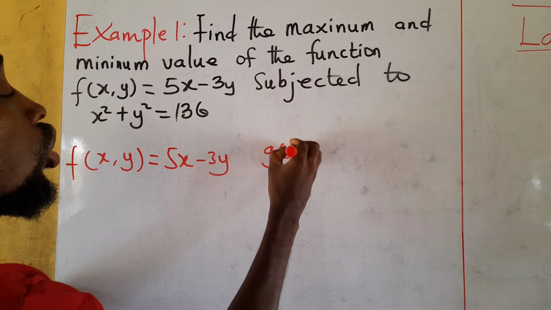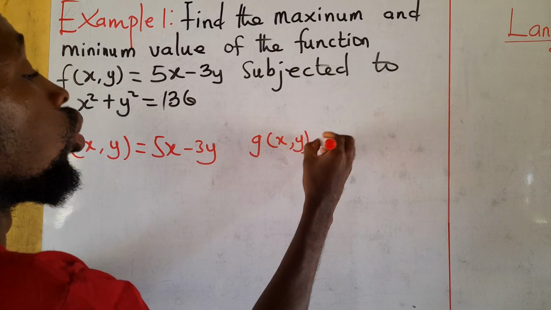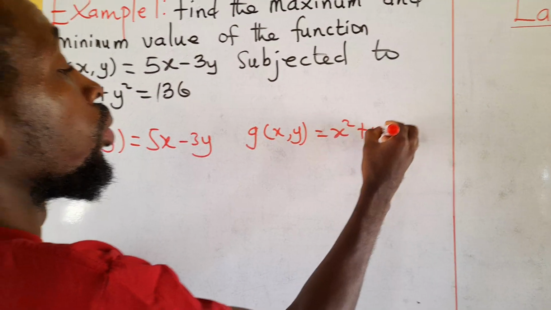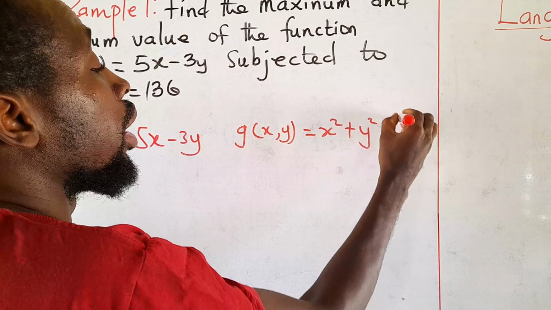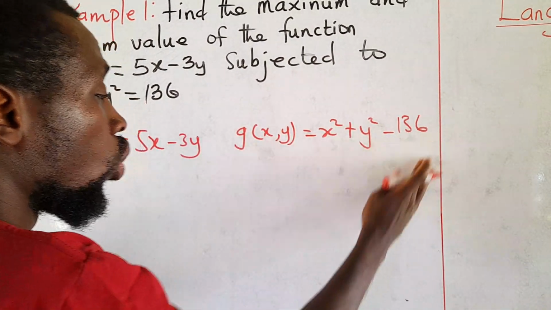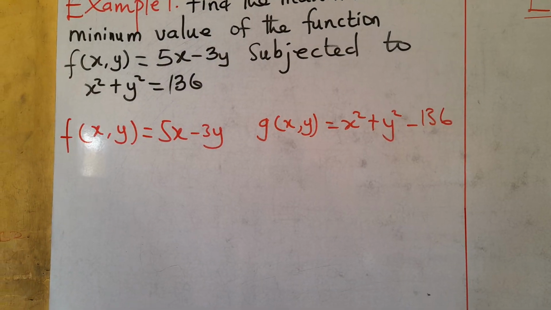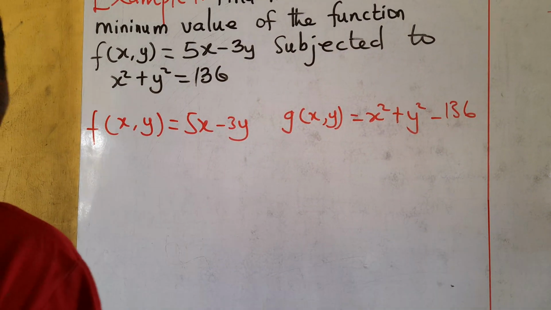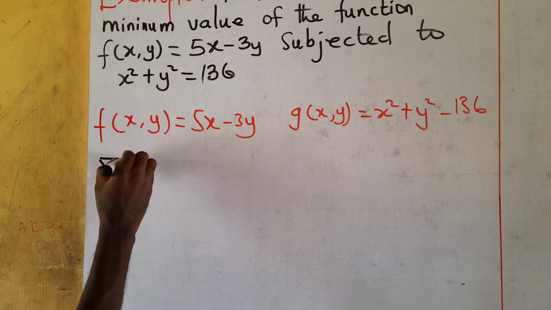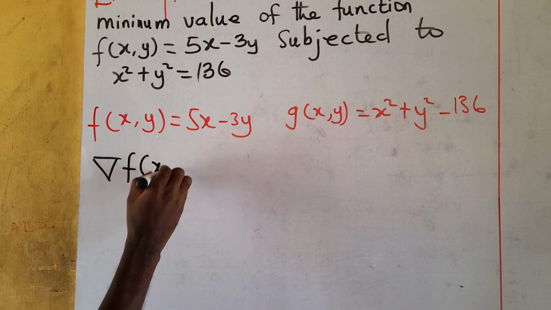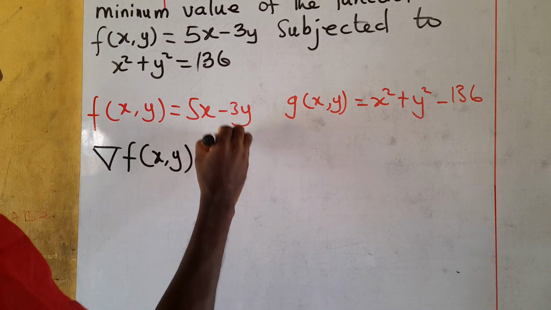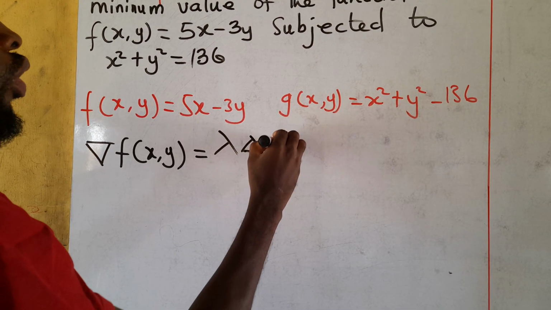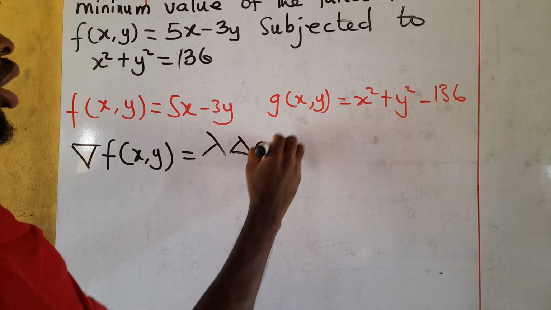Then our function g of x, y will be equal to x squared plus y squared minus 136, where 136 is the constant k. So from the optimization equation, we said that the gradient of this function f will be equal to lambda times the gradient of the subjective function.